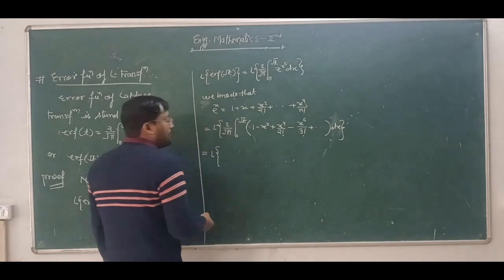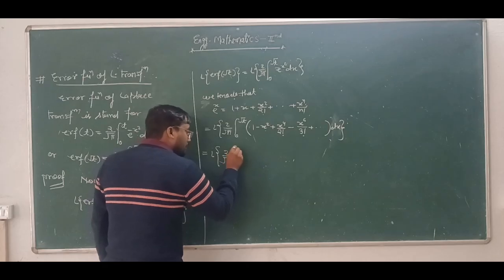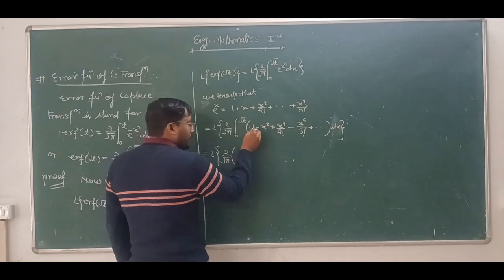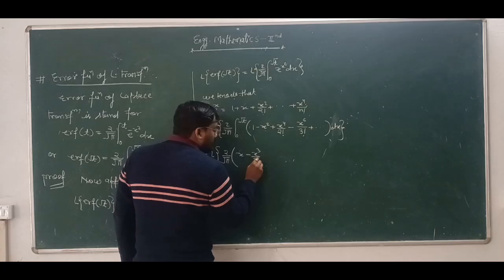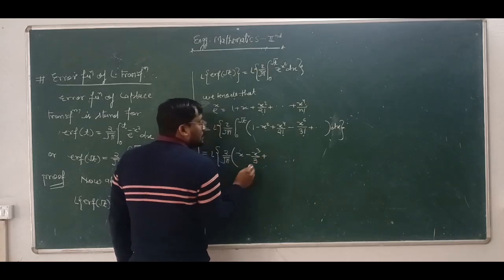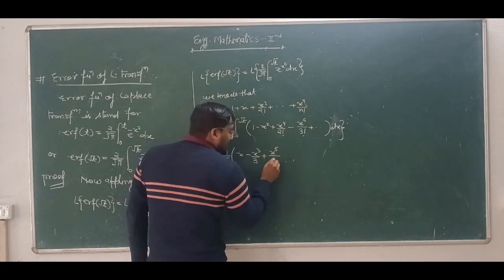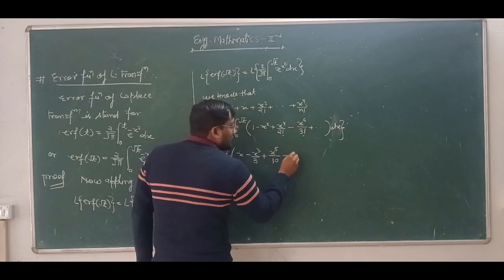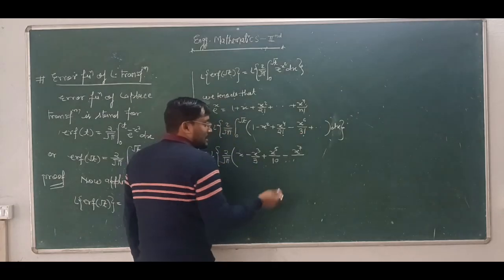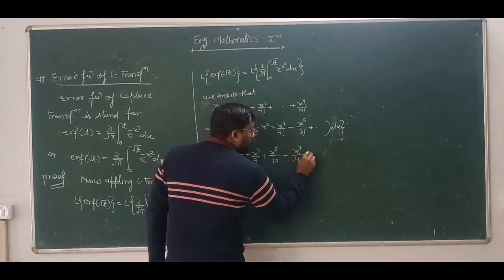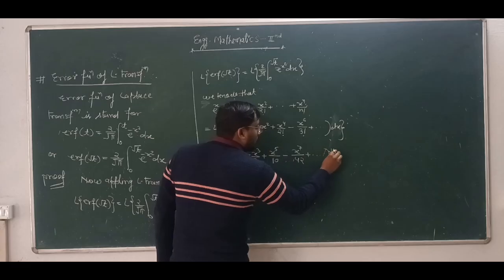Now solve this Laplace integral. Putting the integration of this function, 2 upon root pi, bracket: integration of 1 is x, minus x cube upon 3, plus x to the power 5 upon factorial 2 into 5, that is 10, minus x to the power 7 into factorial 3, whose value is 6, 6 into 7 is equal to 42, plus dot dot, with limit 0 to root t.